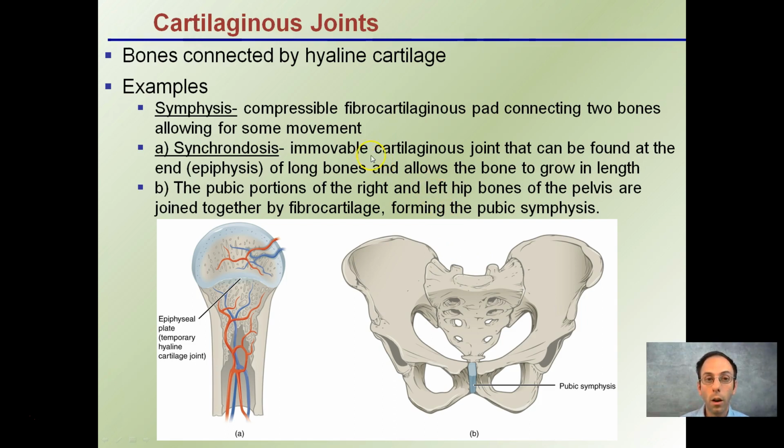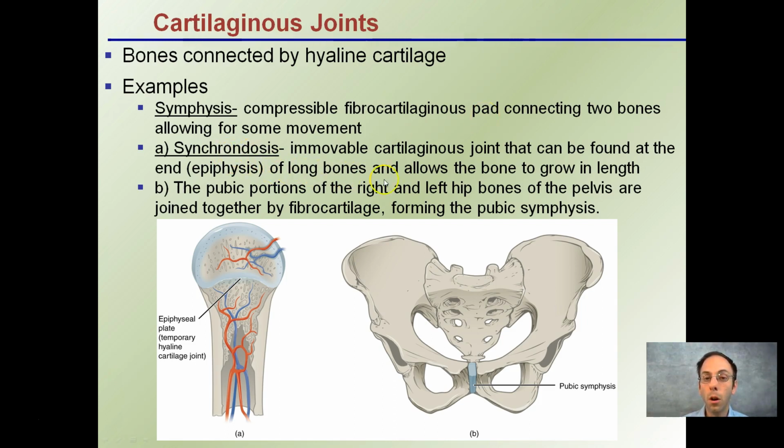Cartilaginous joints are bones connected with hyaline cartilage. A symphysis here is compressible fibrocartilaginous pads connecting two bones, allowing for some movement. So of our minimal movement between bones, in this case we're having a padding that's occurring. That's why there's cartilage present there, and that's why it's considered a joint, but not a lot of movement between those.